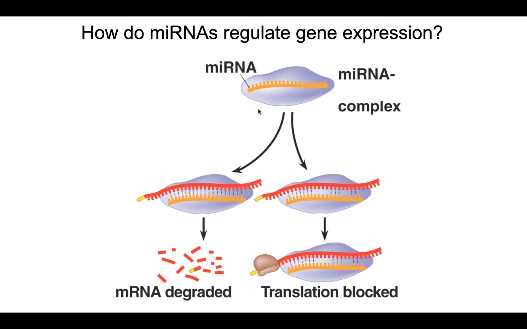If they are perfectly reverse complementary to that messenger RNA, then those messenger RNAs are degraded and therefore can no longer give rise to protein. If the microRNA has an imperfect match to a messenger RNA, it still binds, but instead of catalyzing the destruction of the messenger RNA, it simply inhibits translation from occurring.